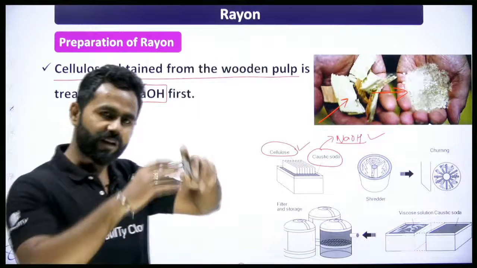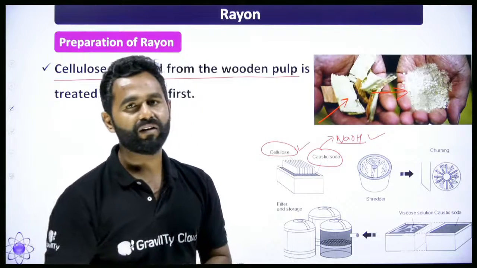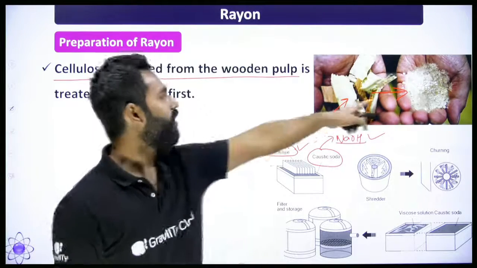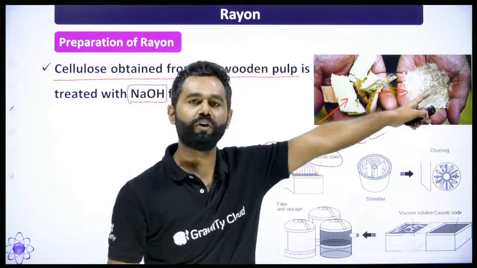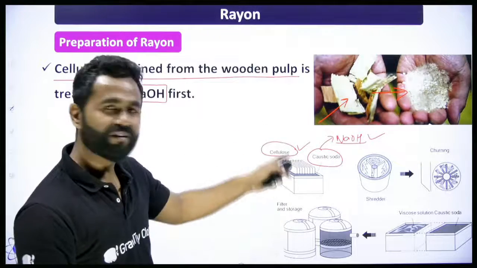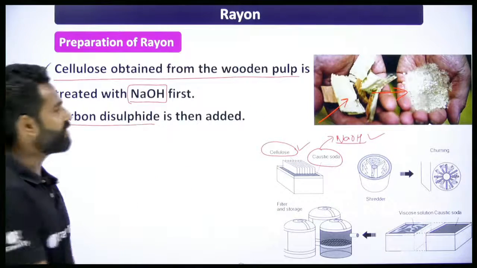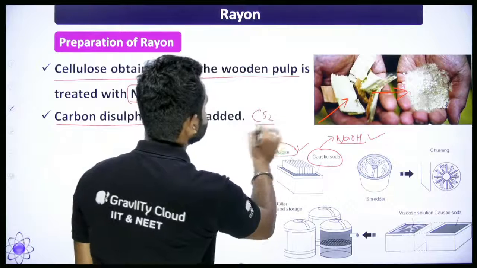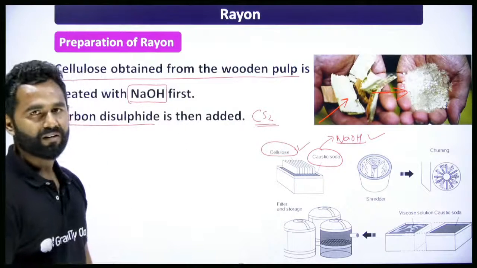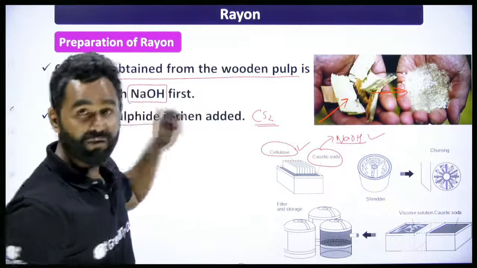So take a container or a reactor, put sodium hydroxide into it and add this powder form of wood. Then after doing this, add carbon disulfide into it, which is CS2.